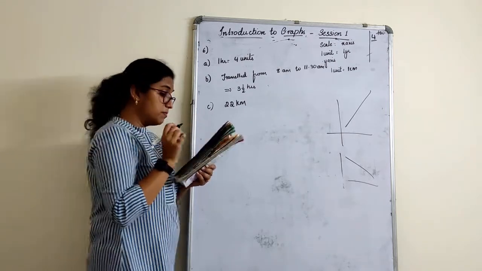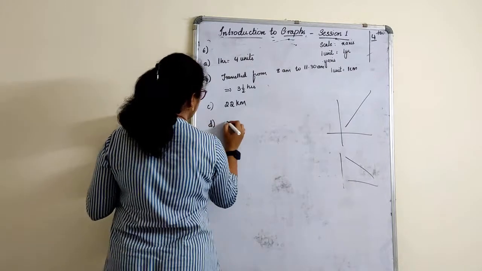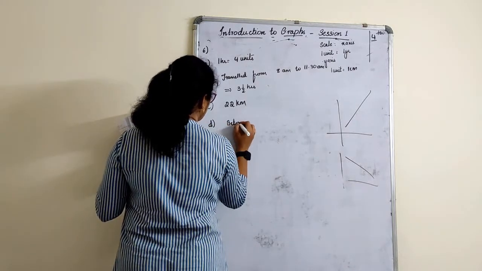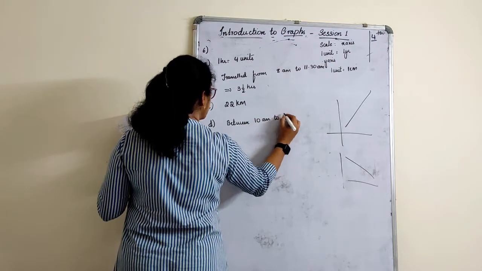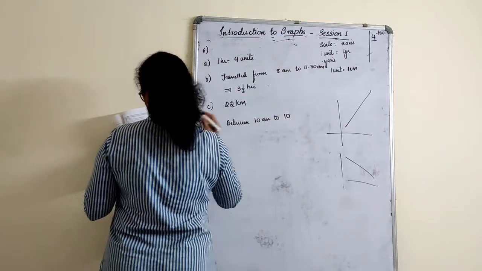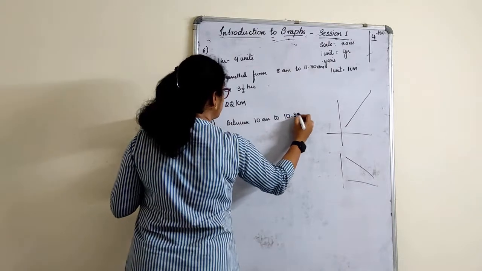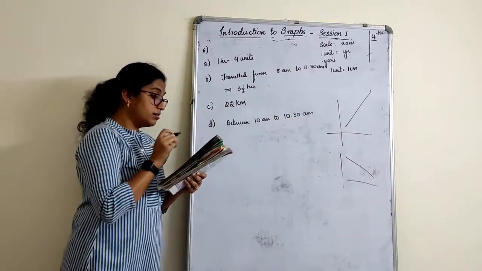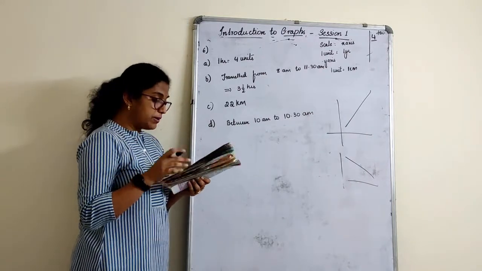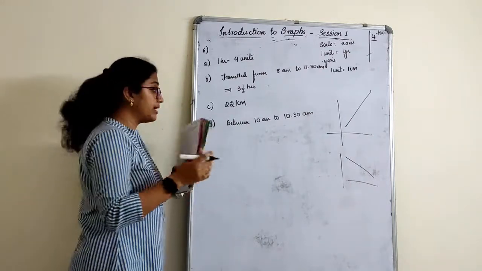Yes. Between 10 a.m. and 10:30 a.m. the person stopped on his way. Explain. Because the graph shows a straight line.